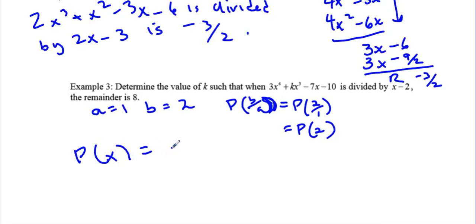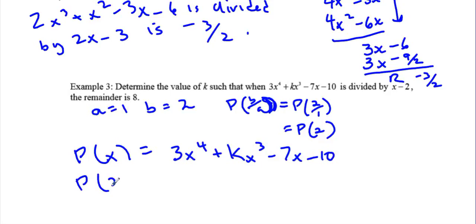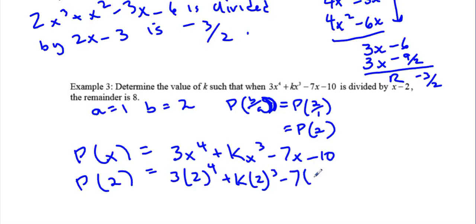So P of x is 3x to the 4th plus kx cubed minus 7x minus 10. And P of 2 is 3 times 2 to the 4th plus k times 2 cubed minus 7 times 2 minus 10.